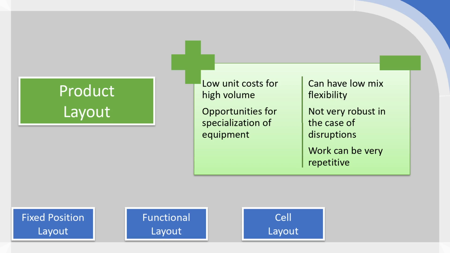If there is going to be a change in variety, it usually requires a lot of setup, and therefore again resources and time being used while output is stalled or stopped. It's not very resilient to stoppages. If you have an issue in one activity, so in one part of the production line, the entire production line would have to stop because we've achieved high space utilization by having an even steady pace moving through.